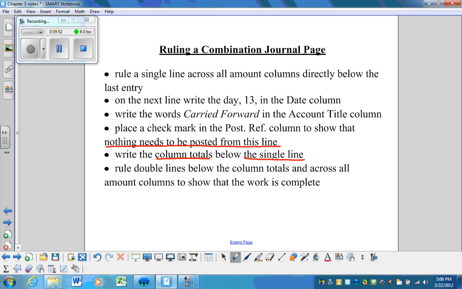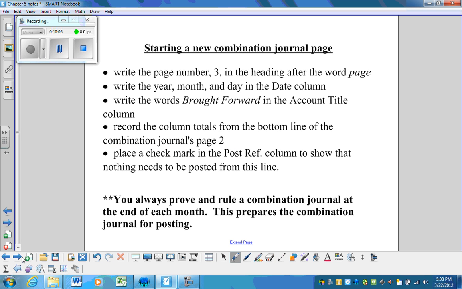If your debits equal your credits, you rule a double line to show that all of your work is complete and it's balanced and you're ready to move on to the next page. Now you're ready to start at the top of the next page, so you need to make sure that you are putting combination page number 3 now, because you're on the next page.